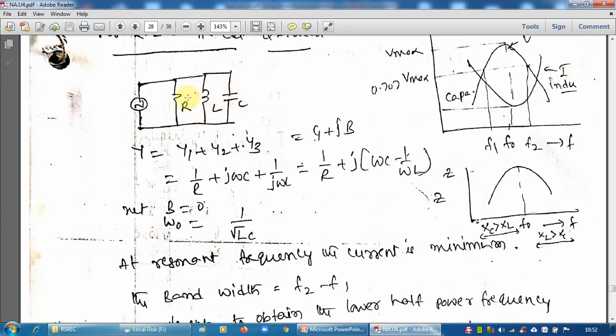We are considering this ideal circuit to study the basic principles. For the parallel circuit also, the same definitions will hold good. That is why, for obtaining all these variations, we have considered this.